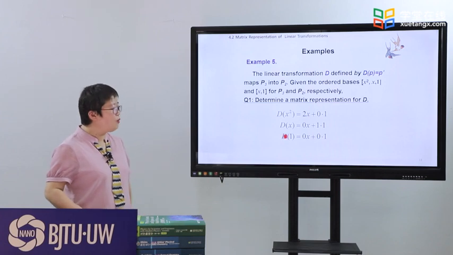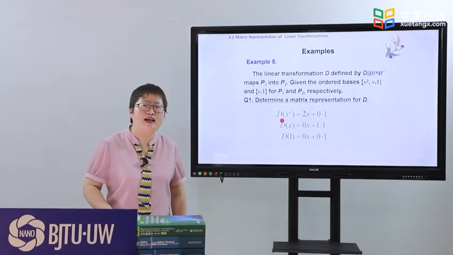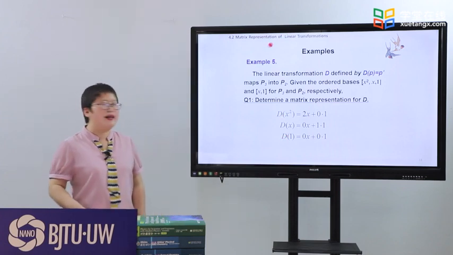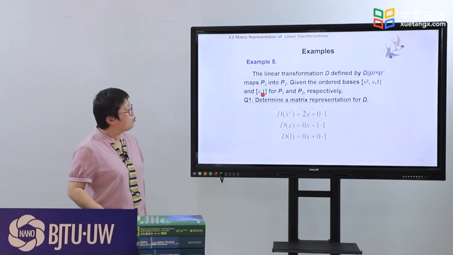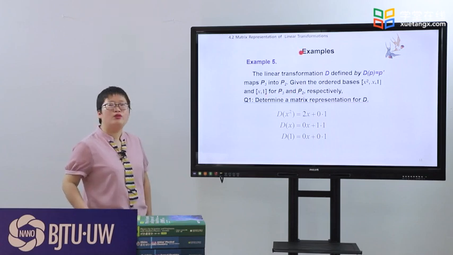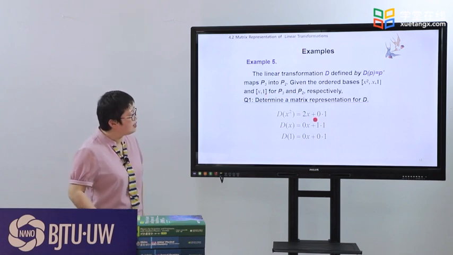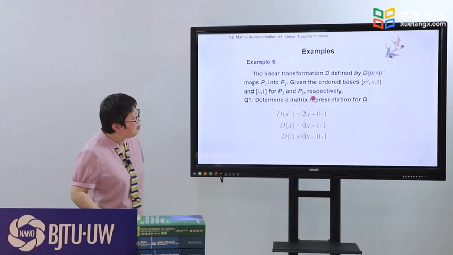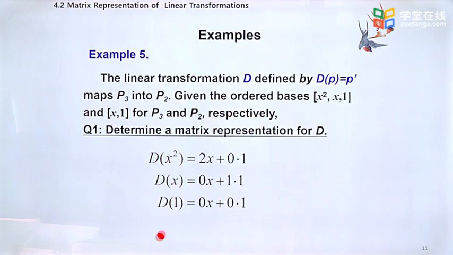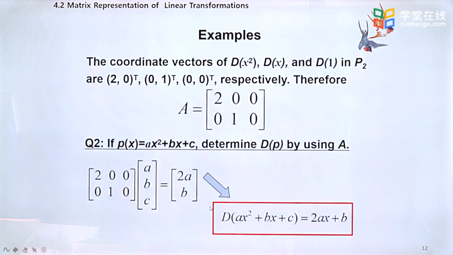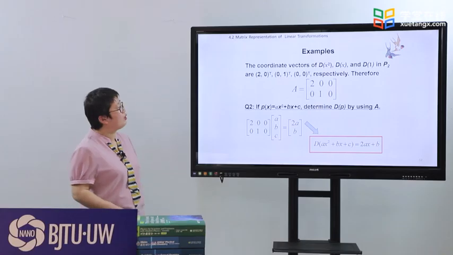And D applied to 1 gives you 0 times x plus 0 times 1. Then, because x and 1 is a basis for P2, it gives you this matrix representation. The matrix representation should be (2, 0) for the first column, (0, 1) for the second column, and (0, 0) for the third column.